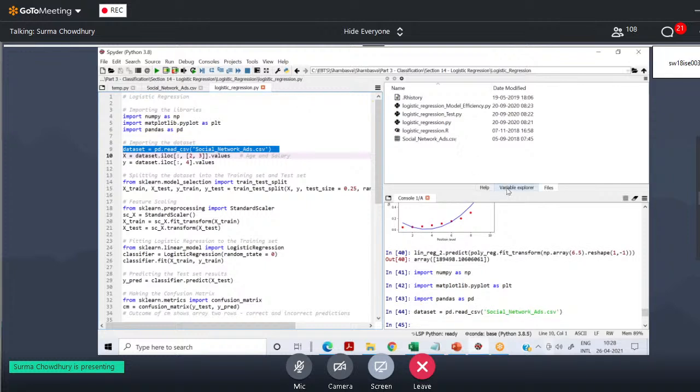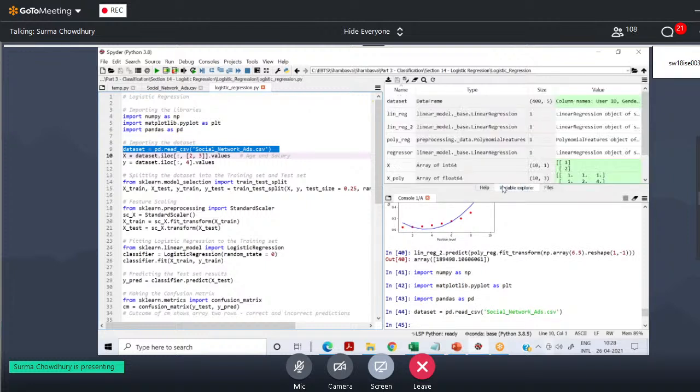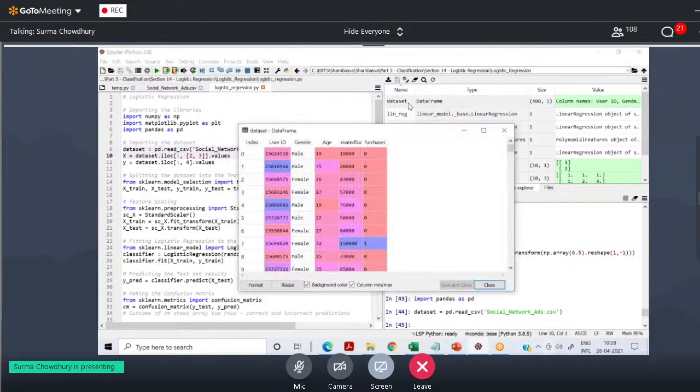Now in this data set, please remember, there are 400 records, right? What the customer has told me is to please focus on age and estimated salary. I don't care about the gender. I don't care about the user ID, because a person logging into the portal will anyway have a unique ID, so that doesn't matter to me when I do a machine learning analysis.